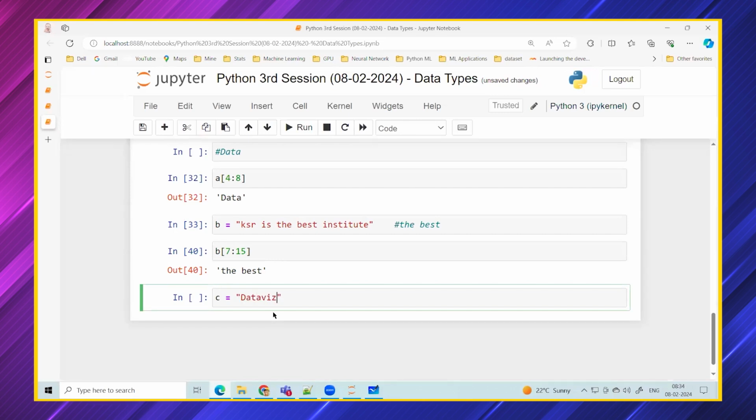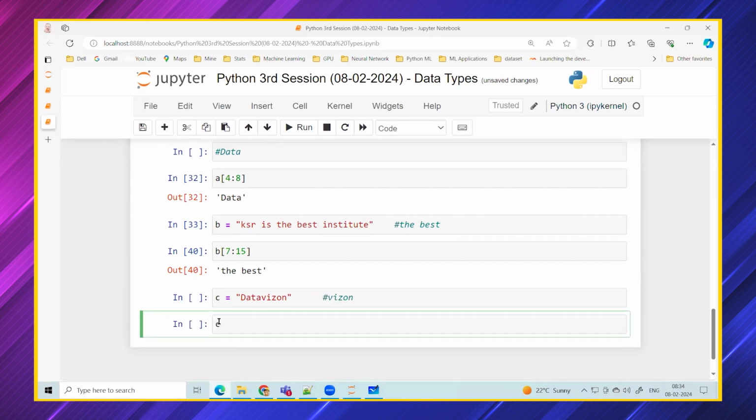I want to access the word vision. 4 to 9. Are you sure? Yes, Santhosh. Is this correct, everyone? Yes, sir. Correct.